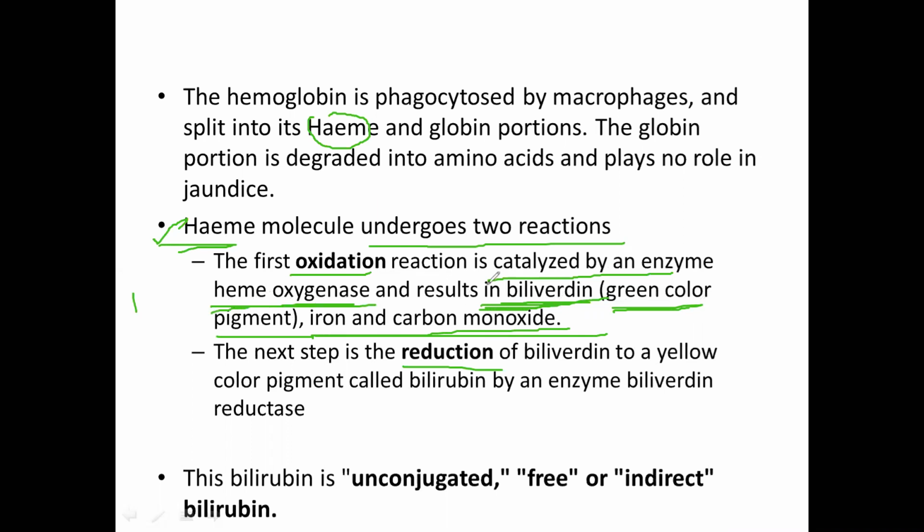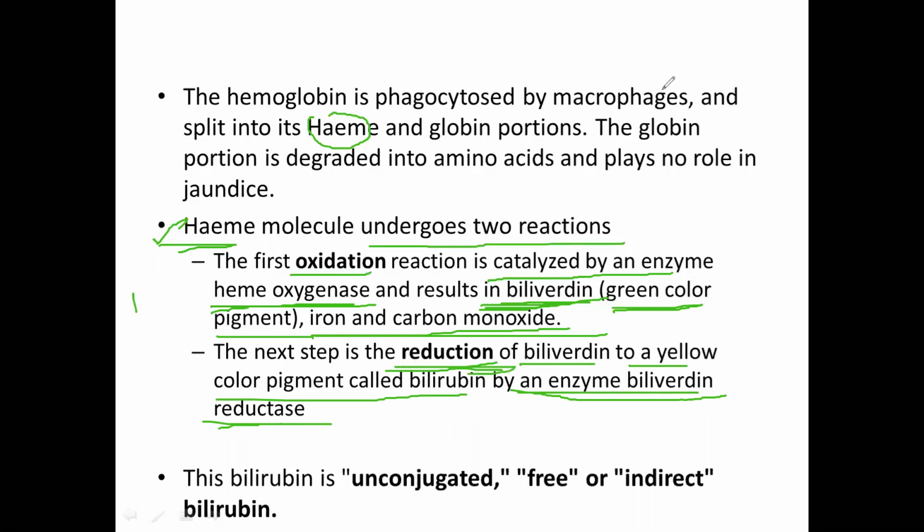So in the next step, after this production of biliverdin, this biliverdin product gets reduced, that means reduction, to a yellow color pigment called bilirubin by an enzyme, biliverdin reductase. So when biliverdin is produced, it is again converted into bilirubin by the enzyme biliverdin reductase through a chemical reaction, that is reduction.